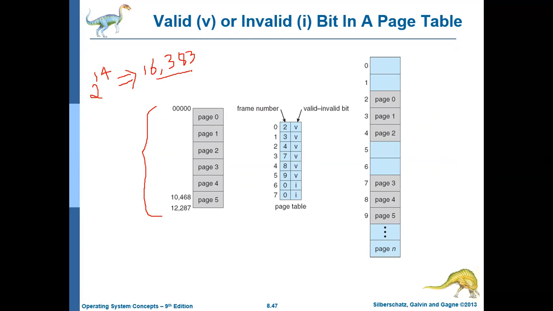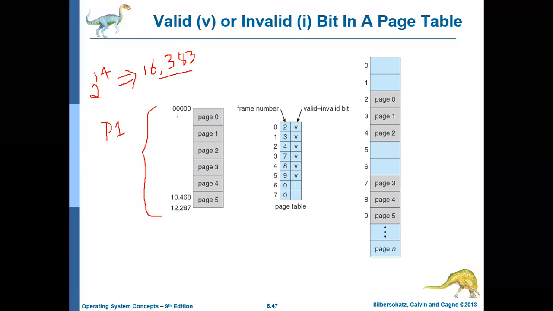Let us assume that a particular process, say a process P1, is allowed to address only locations 0 to 10,468.